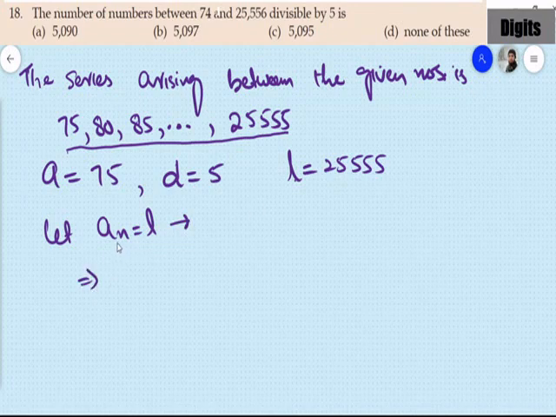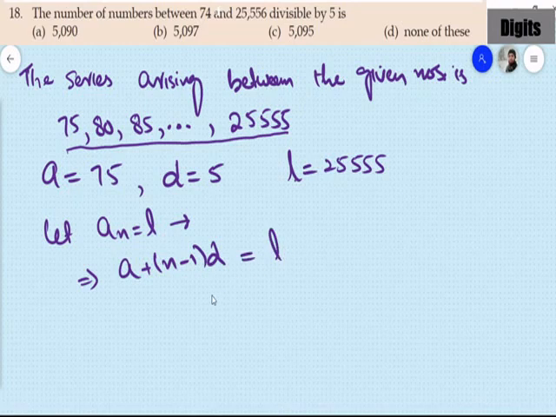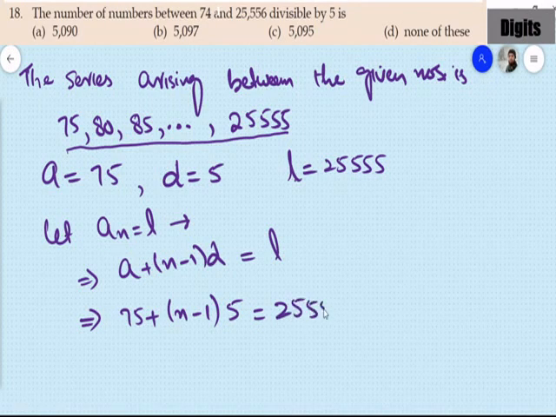Now we know the nth term is a plus n minus 1 into d, which is the nth term and also the last term, because we are saying let n be the number of terms in this series. Since a is 75, we have to find the value of n, and d is given by 5, and the last term is 25555.